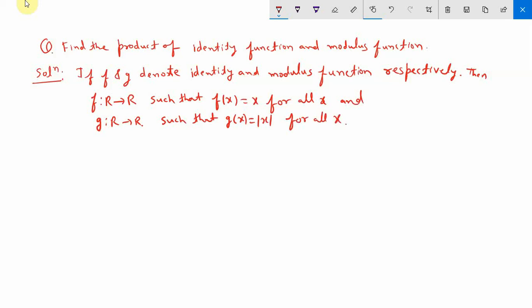So f and g we can see have the same domain. So domain of f and g will be R only.